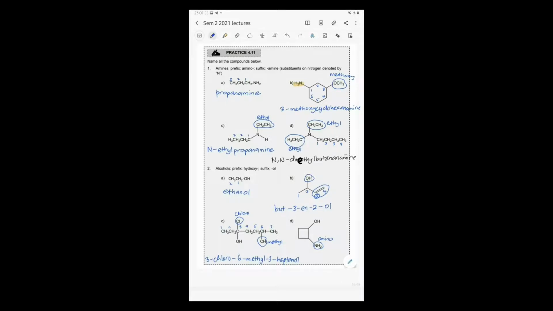Number 1 should be at the OH because this is the parent: 1, 2, 3, 4. Do not go the other way, because your amino will get number 4, which is wrong. The substituent must get the lowest number. Therefore, for D, the name is 2-aminocyclobutanol.